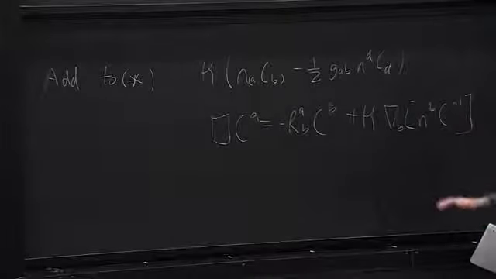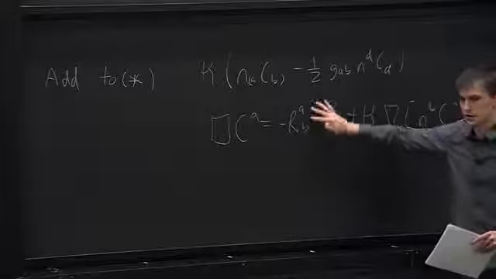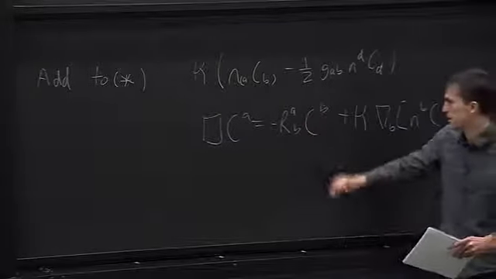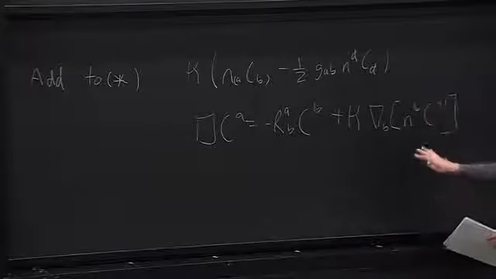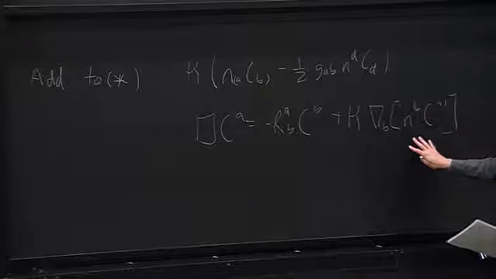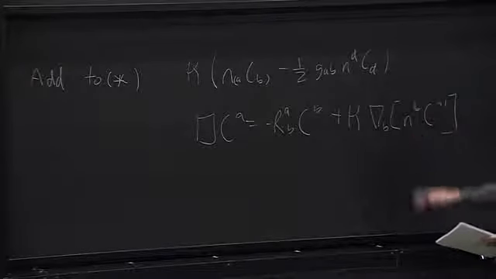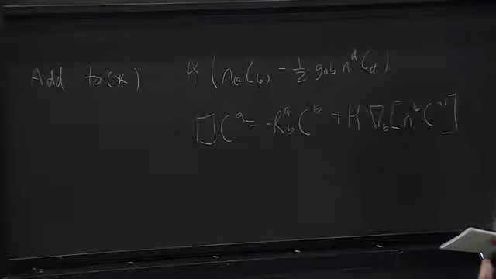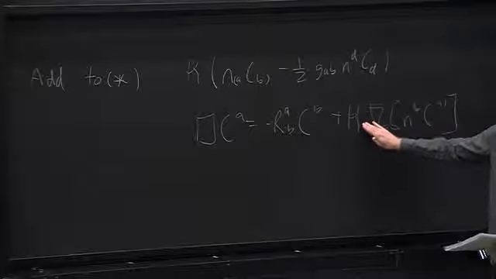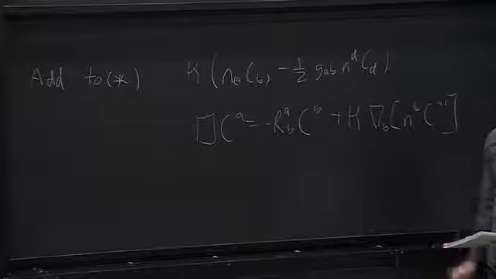So in addition to this nonlinear stuff, which may cause some problem with the constraints, I have something that looks like a damping term. It's roughly like the time derivative of the constraint violation, and this kappa is just some dimensionful parameter.